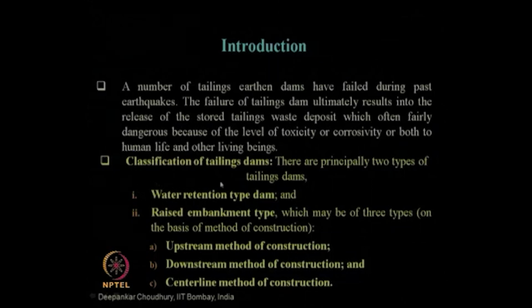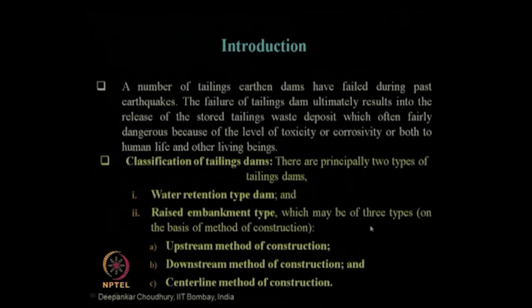Now, classification of tailing dams: there are majorly two types. One is called the water retention type dam, which we commonly know about, whereas another one is the raised embankment type. The raised embankment type tailing dam has been constructed in three different ways.